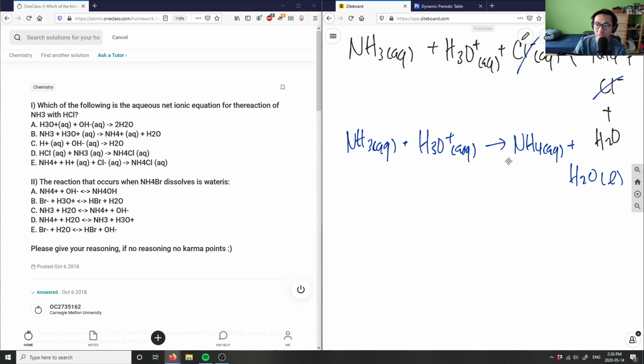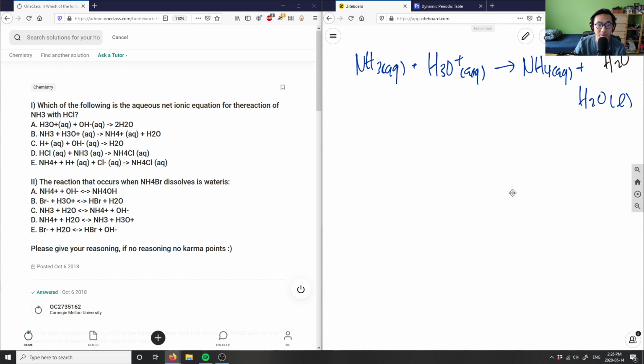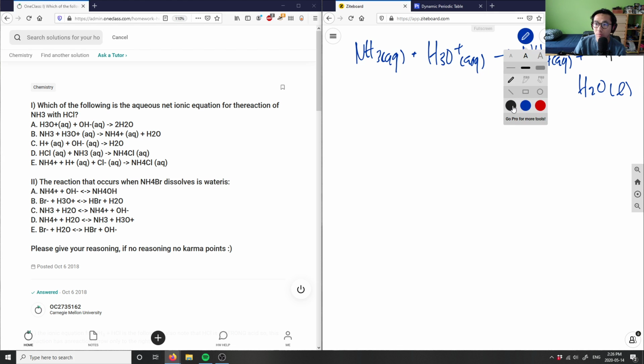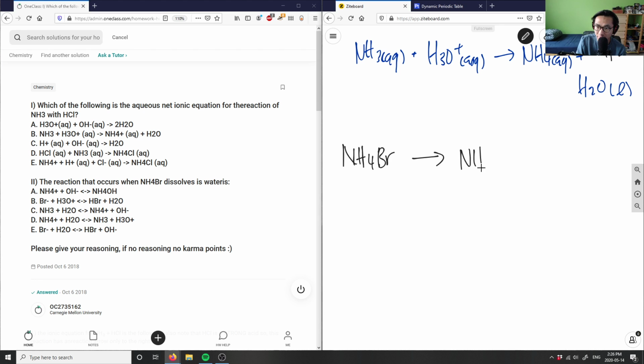And then part B is asking us for the reaction that occurs when NH4Br dissolves in water. So let me write that down for you. NH4Br, when it dissolves in water, is going to dissolve first into NH4 plus, ammonium, and Br minus.